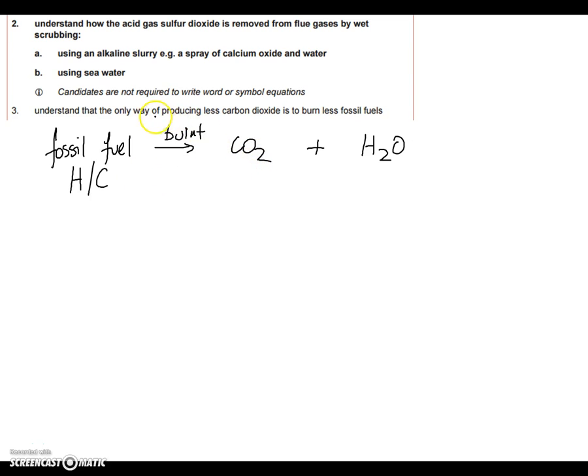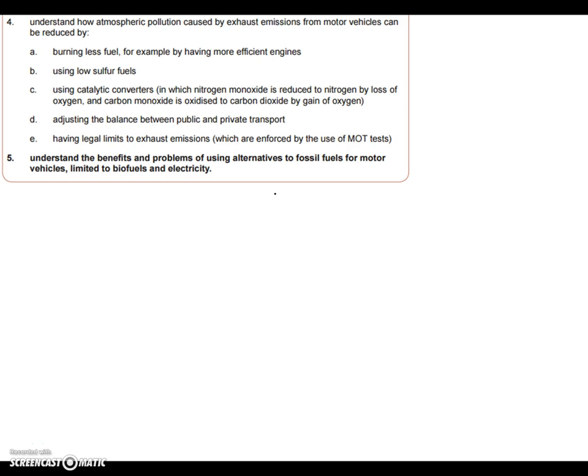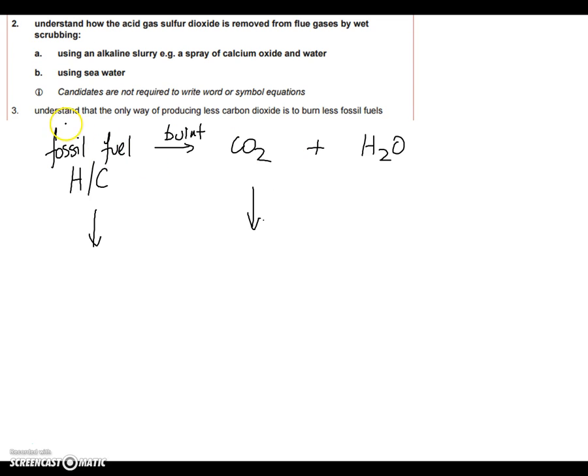So the only way we can reduce the amount of CO2 produced is by reducing the amount of fossil fuels. If that goes down, then that goes down. But there are things we can do about that. There are modern power plants which are being created which will capture the carbon dioxide and pump it underground, pump it into old oil wells.